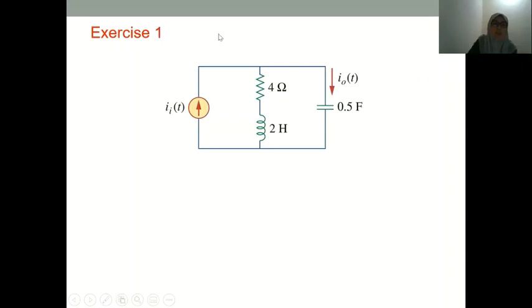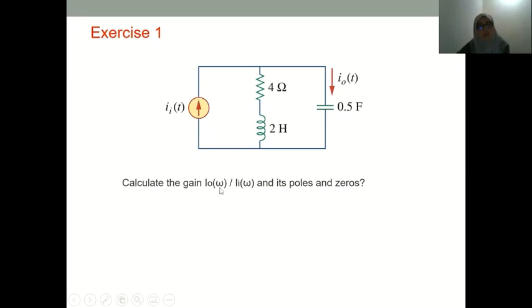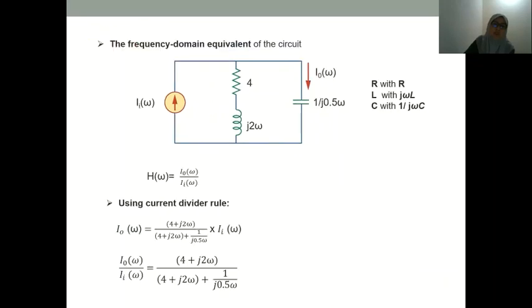All right, for this exercise 1, calculate the gain, I naught omega divided by I in omega, and its poles and zeros. Okay, the answer: the zeros are 0 and minus 2, and the poles are repeated poles at negative 1.